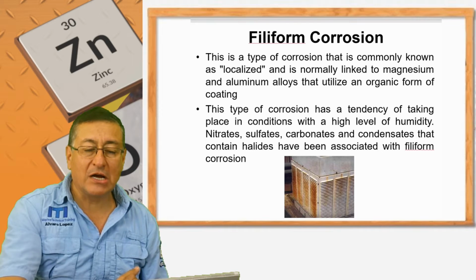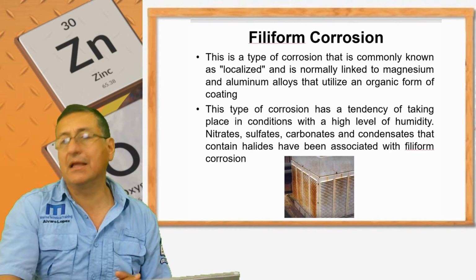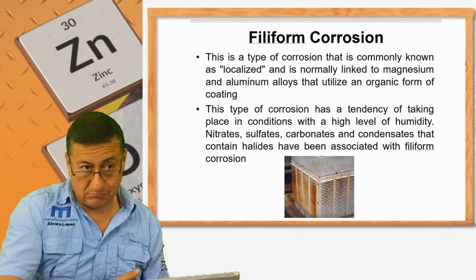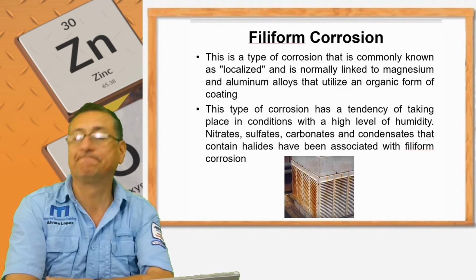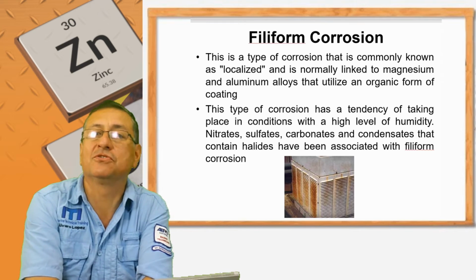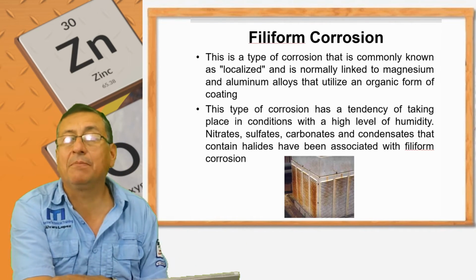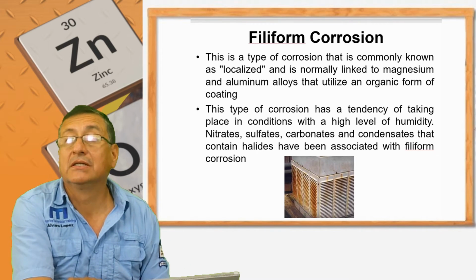This type of corrosion has a tendency of taking place in conditions with high level of humidity. Areas with nitrates, sulfates, carbonates condensated on the water. I explained millions of times in previous episodes, and this is the situation. This is a regular residential appliance.